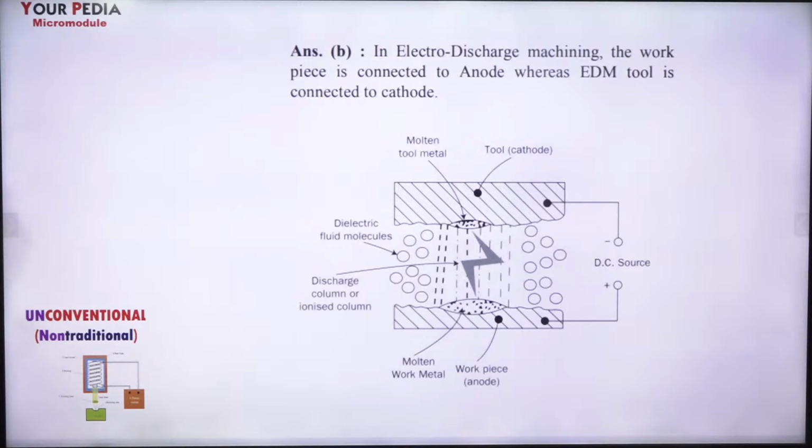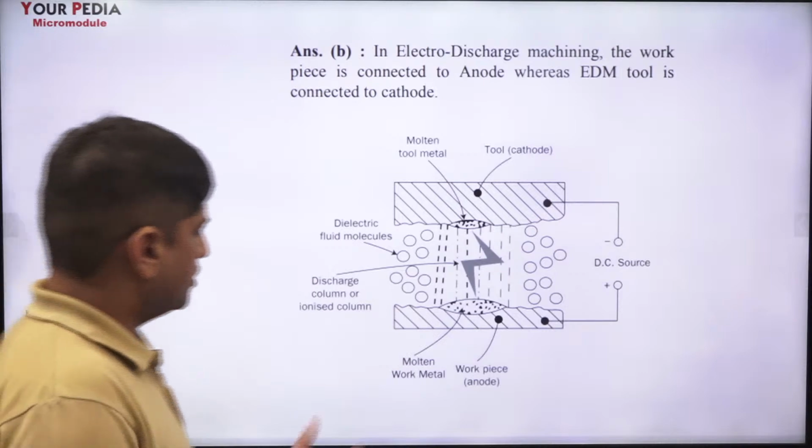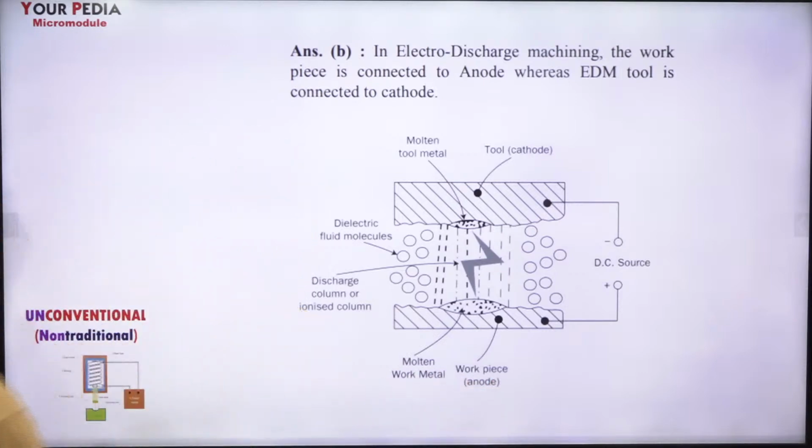So remember this: the tool is connected to the cathode, which is negative, and the workpiece is connected to positive, which is the anode. That question is normally asked.